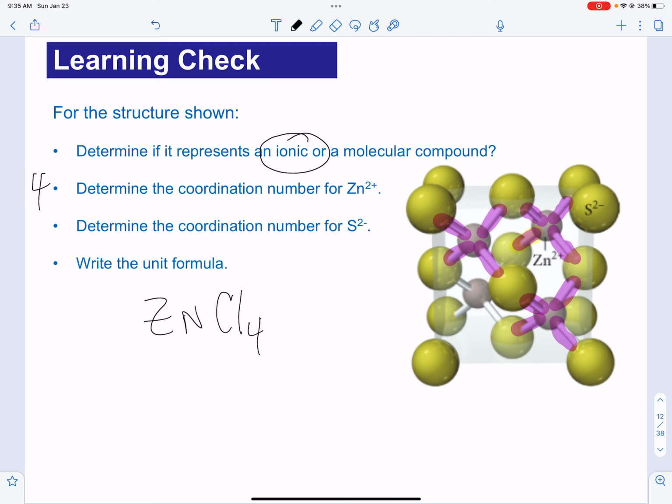What is the coordination number for sulfide? Well, let's take a look at the sulfide then. So the sulfide, let's see, here's 1 and 2. Here's another 1 and 2. Here is another 1.